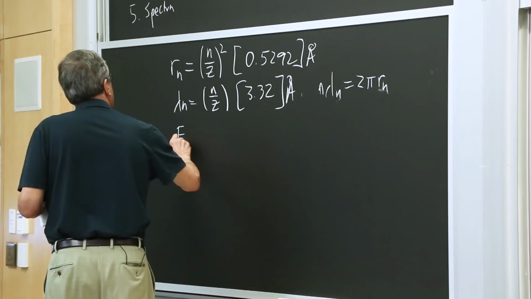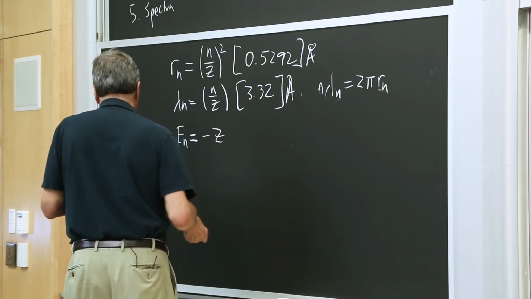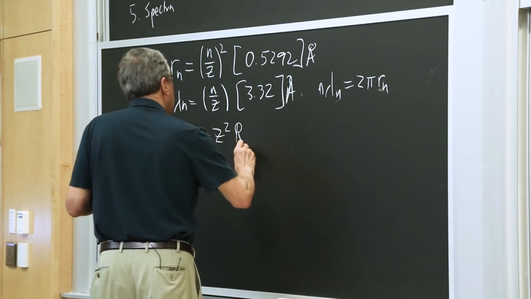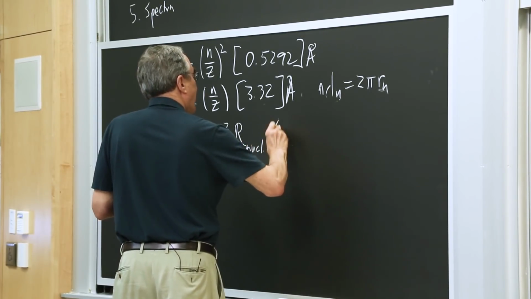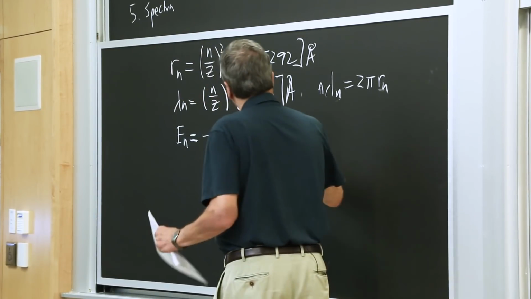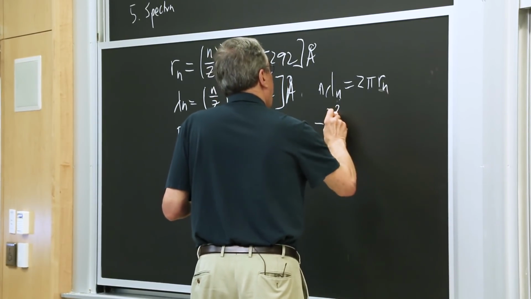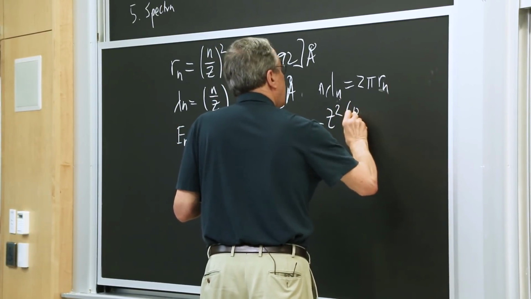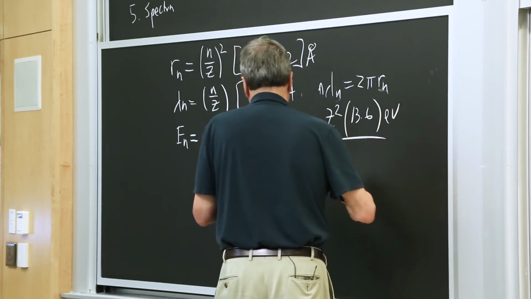And the energy levels. Well, these energy levels are minus Z squared times 13.6 electron volts over n squared.